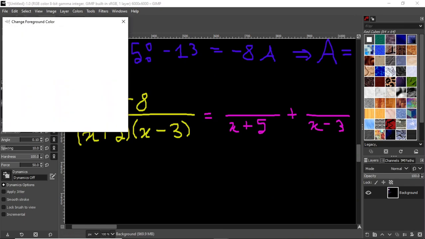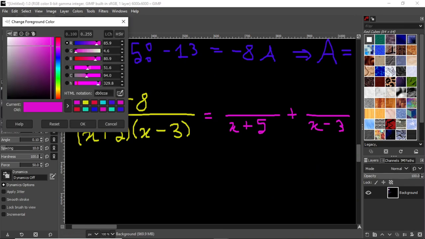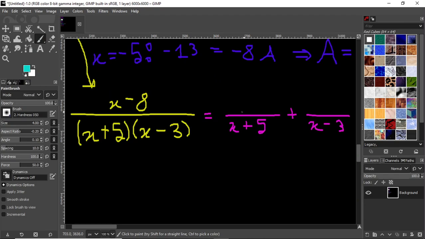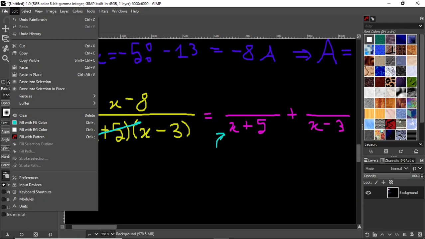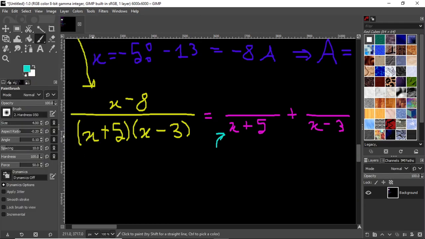And the way to use this shortcut is, pretend that, if we want to find the constant, the numerator for x plus 5, pretend that x plus 5 here on the left hand side doesn't exist. First, what makes this 0? Well, x equals minus 5.